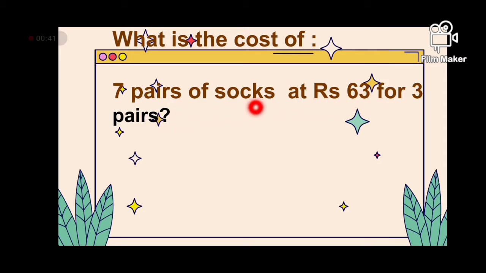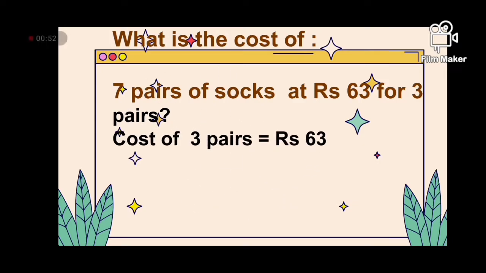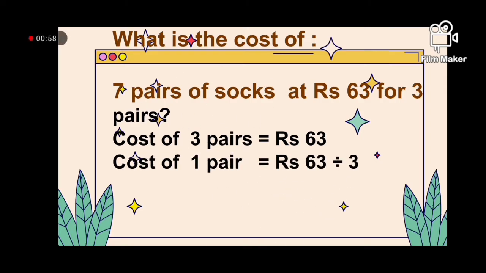Now we will find out the cost of 7 pairs of socks by first finding out the cost of 1 pair of socks. The cost of 3 pairs of socks is rupees 63 and the cost of 1 pair is equal to rupees 63 divided by 3. The cost of 1 pair of socks is rupees 21.